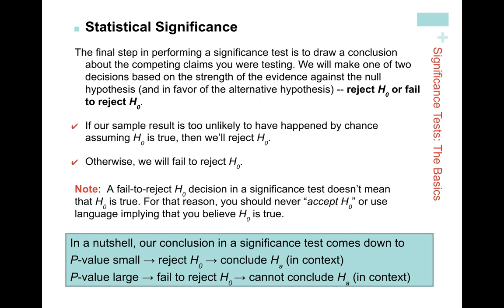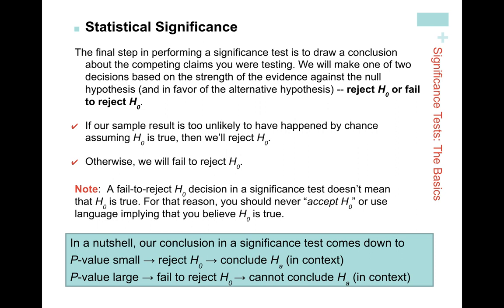If you get a very, very small p-value, you're going to lean towards rejecting the claim of no difference. If you get a fairly large p-value, you're not going to accept the null hypothesis. You never accept it, and you never say that it proves the null hypothesis. All you do is fail to reject. You're not accepting it, you're not proving anything, you're just failing to reject.